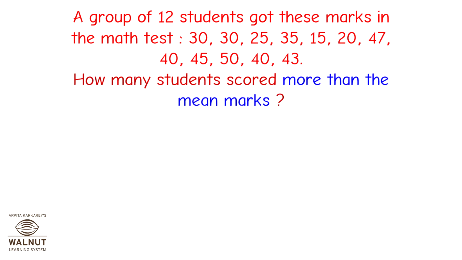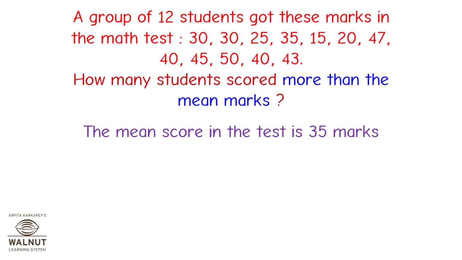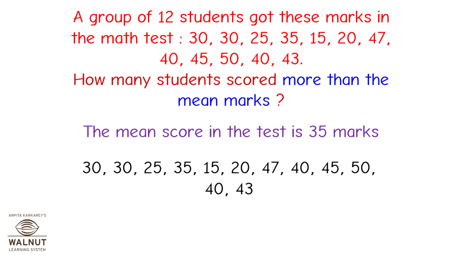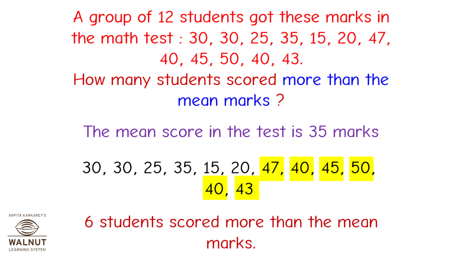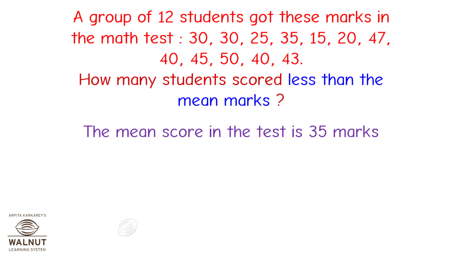That is equal to 35 marks. How many students scored more than the mean marks? The mean score in the test is 35 marks. Six students scored more than the mean marks. How many students scored less than the mean marks?